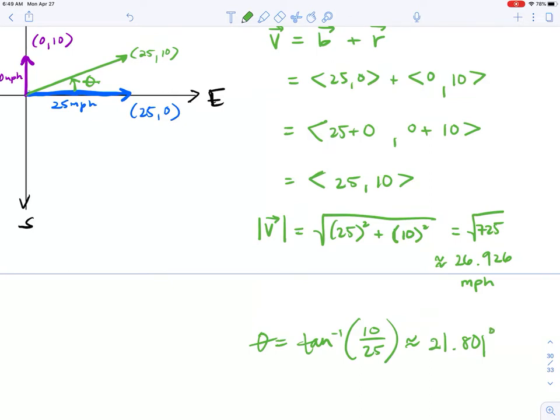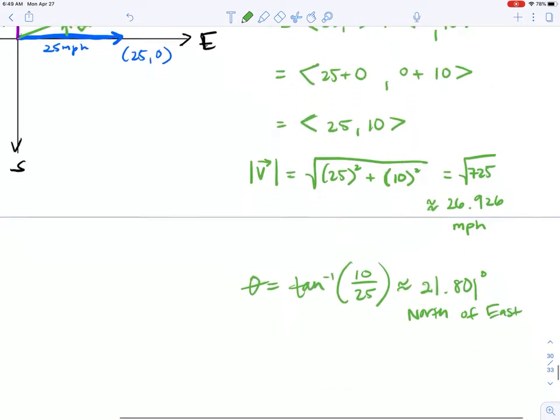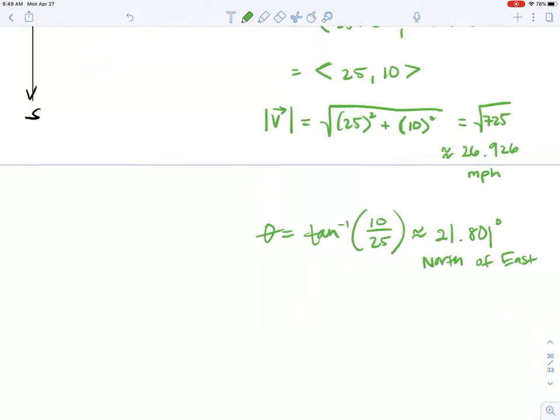So if we pop that into our calculator, we get an angle of 21.801 degrees. And I'm going to say 21.801 degrees north of east. Right, since it's this angle here coming off of east in the north direction.